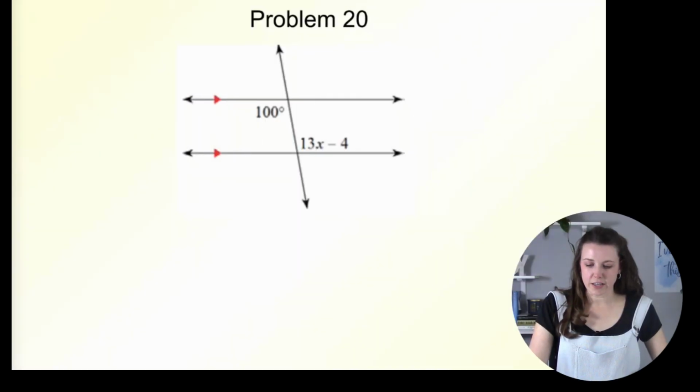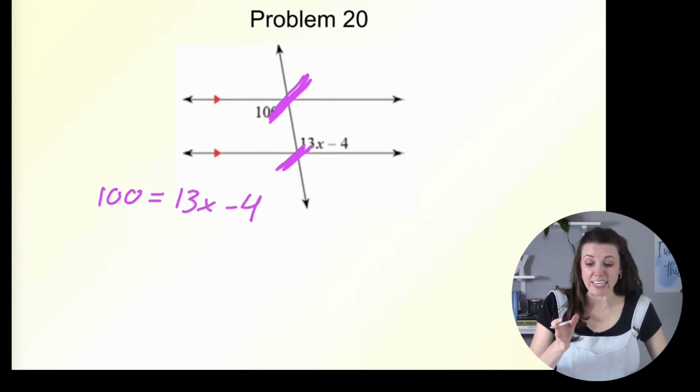All right, so here, notice we have the 100 degrees and 13x minus 4. This is going to be the same sort of thing. So if you look, these ones are the same, and these ones are the same. So this 100 is going to equal 13x minus 4, okay?